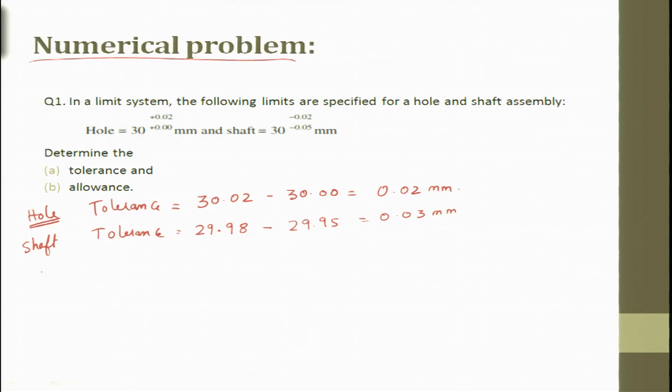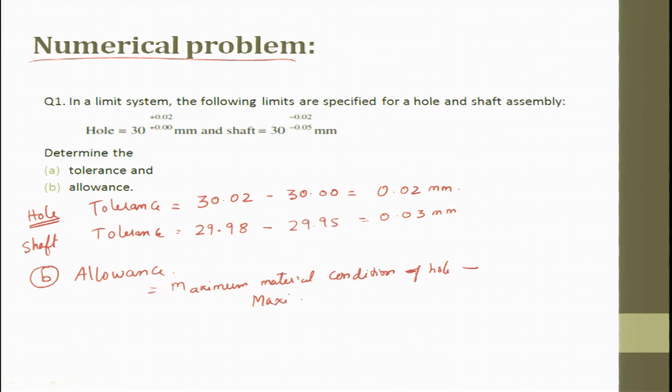Now what is the allowance? How do you find it? Allowance is nothing but the maximum material condition of the hole minus the maximum material condition of the shaft.